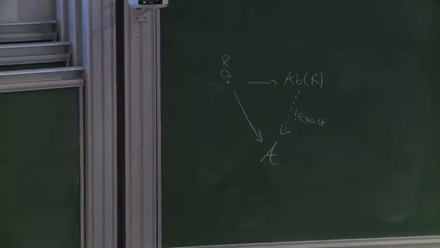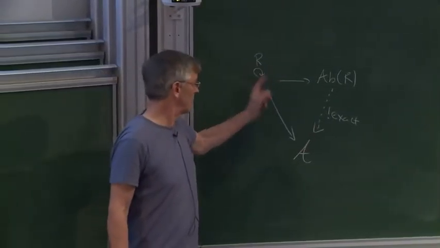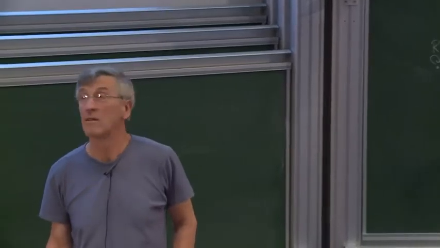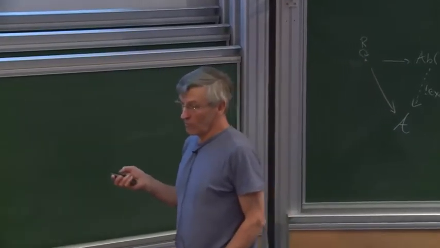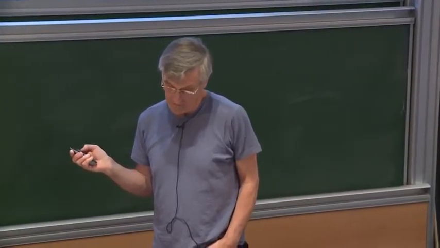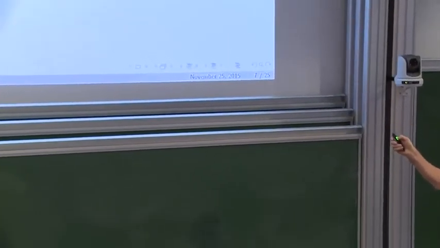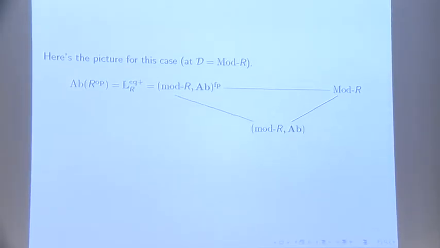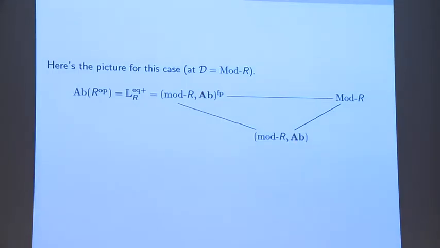Freyd proved it more generally for small pre-additive categories with an exact structure, preserving the exact structure to the normal exact structure on the abelian category. So, starting with the category of modules as our definable category, we've got this associated skeletally small abelian category, and then the category of all functors from mod-R to Ab, which is just the ind-completion of that.